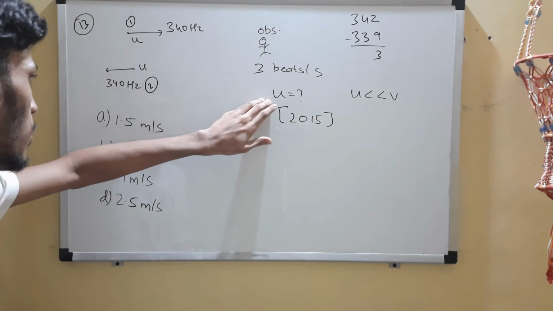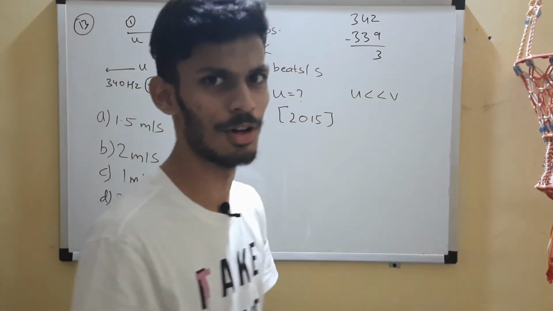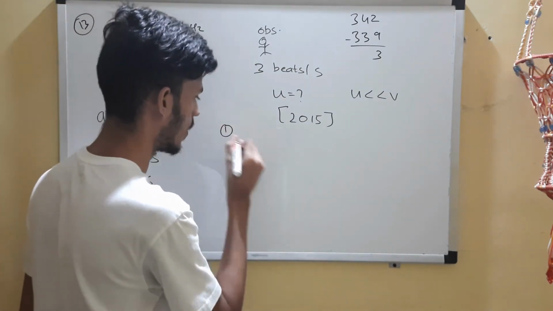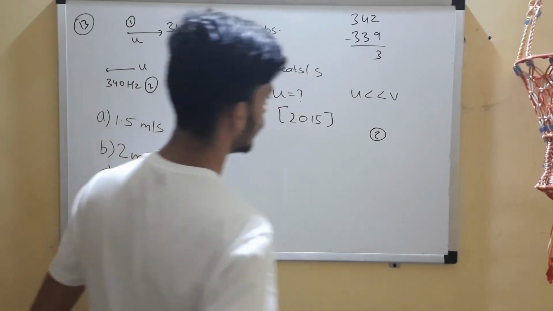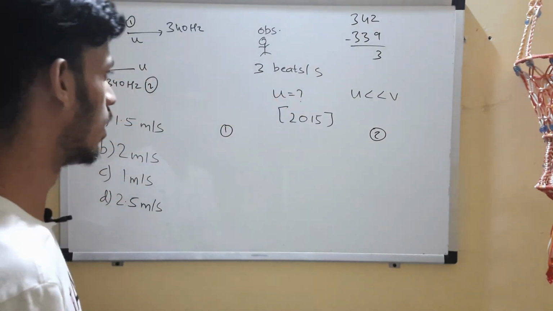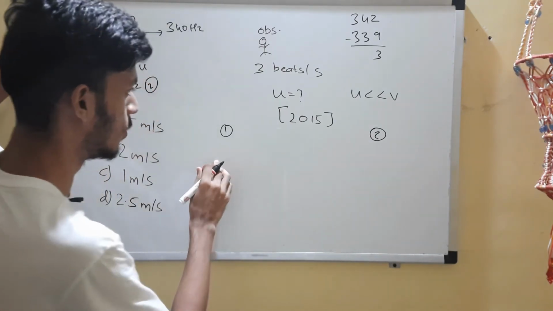Anyways, you are asked for the velocity with which you are moving those tuning forks. So let's apply Doppler's effect for case 1, for tuning fork 1 and tuning fork 2. This is a very, very important question. You are supposed to note some things over here. So let's dive into it straight.